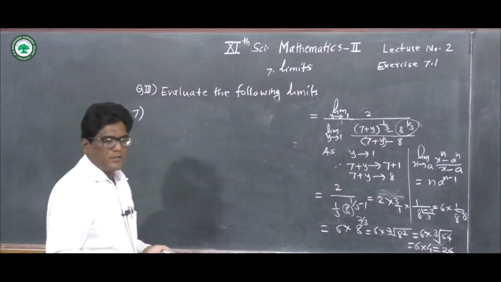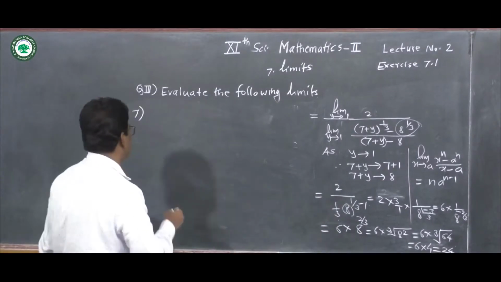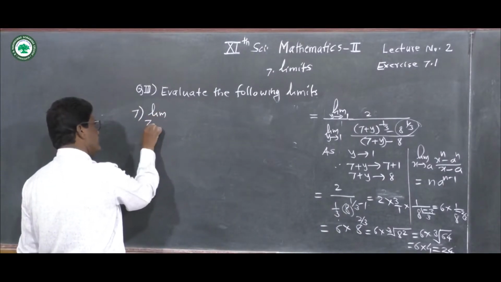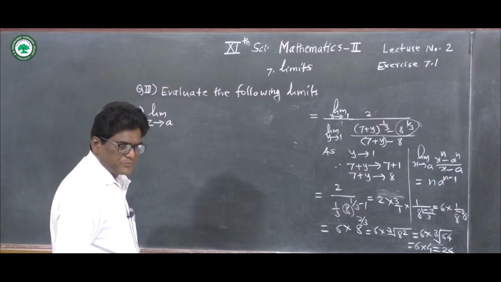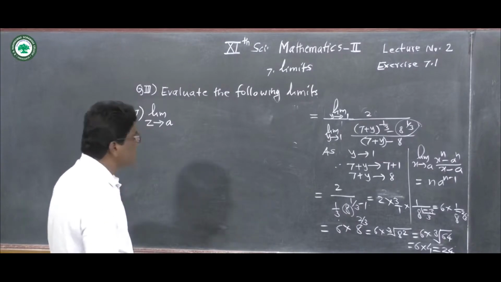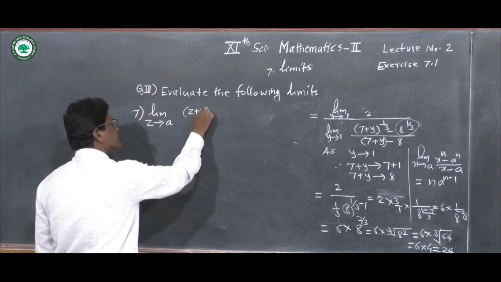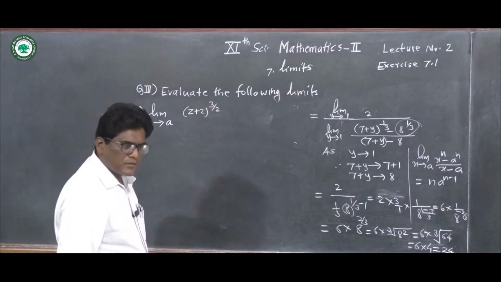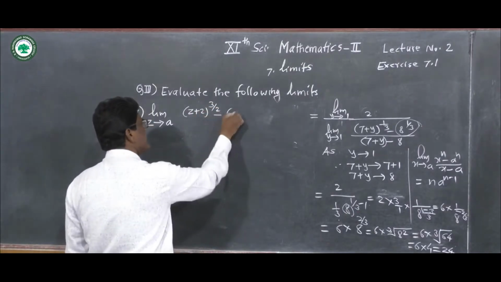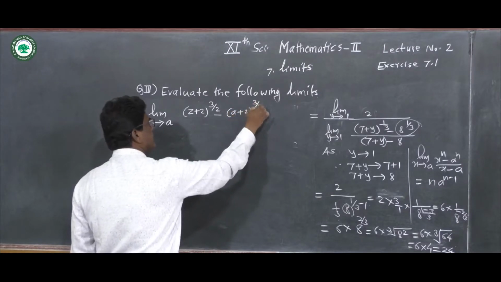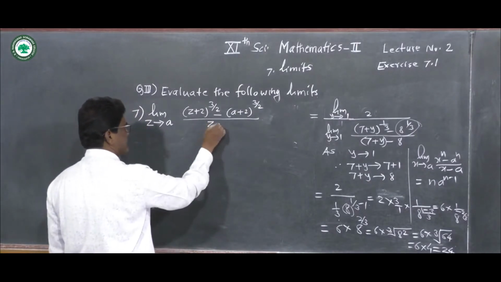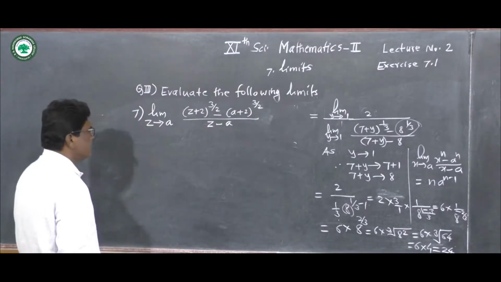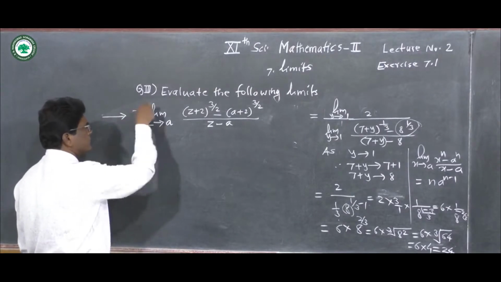Seventh problem: limit as z tends to a of z plus 2 to the power 3 by 2 minus a plus 2 to the power 3 by 2, divided by z minus a. This is the problem. Now the solution of this, we write from this step.